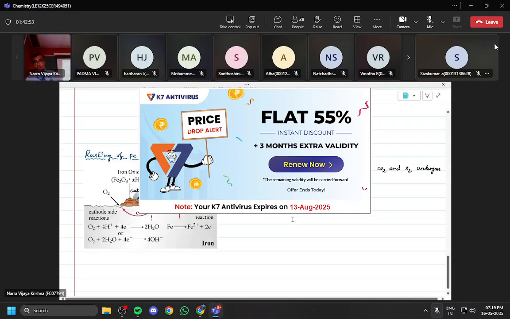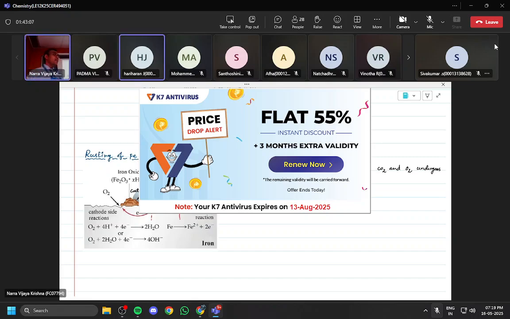Clear? So the corresponding reaction I am writing: Fe converts to Fe plus 2 plus 2 electrons. This is the oxidation process. What is E of oxidation? We have one table now. Check the table.